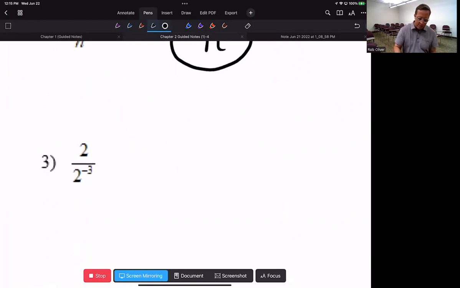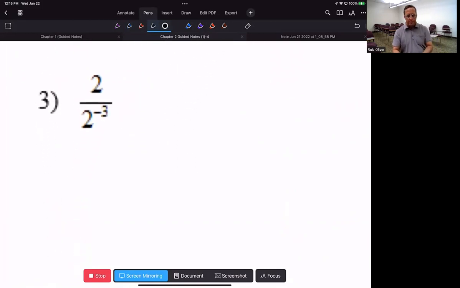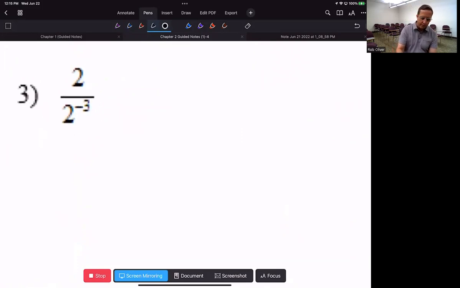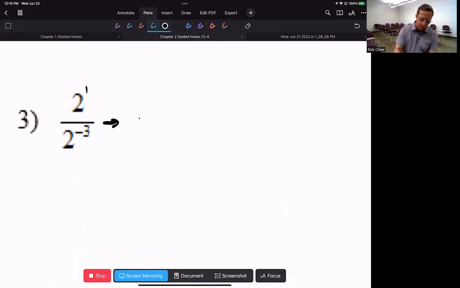All right. For number 3, I want to look at this a couple different ways. One way to look at this is just like we have been, as exponents and using the quotient rule, which means we need to subtract. So we're going to do 2, and then 1 minus, and notice this is already negative.